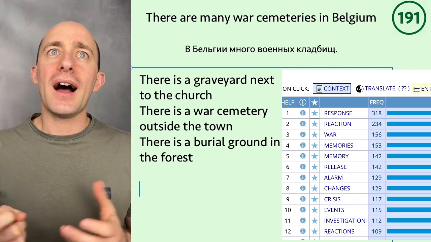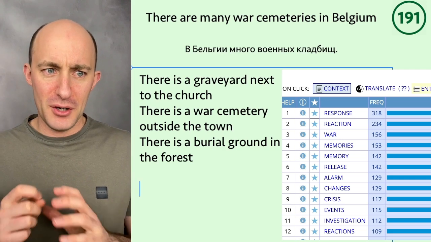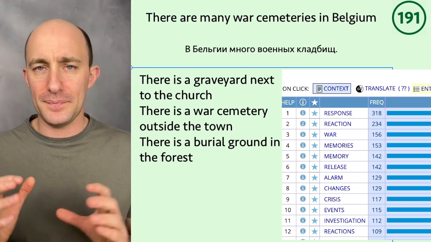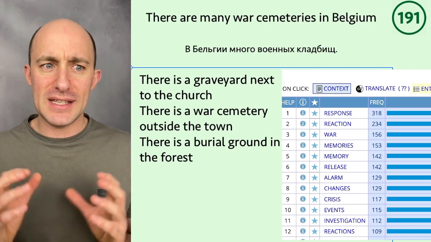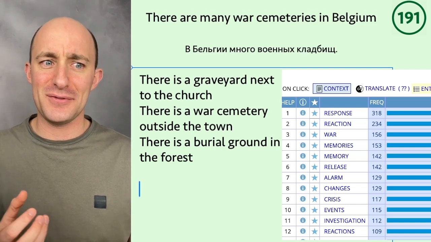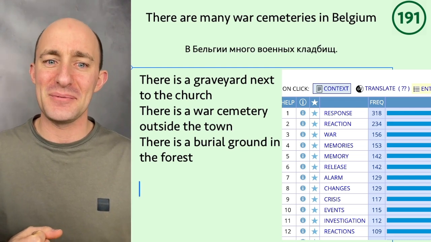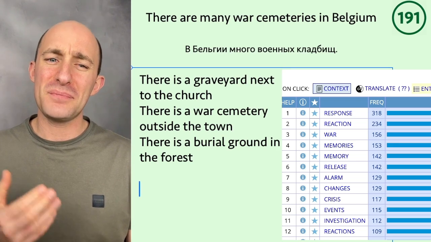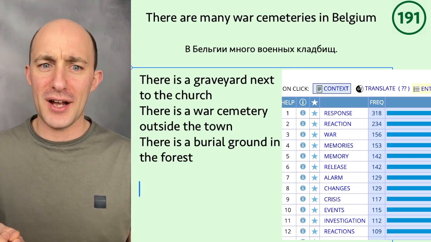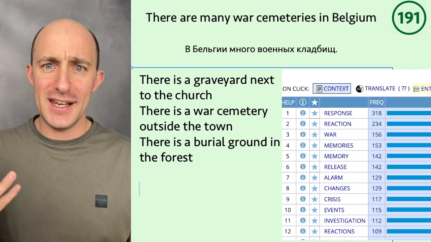So I think probably the best word for most Russian kladbische is cemeteries. However, sometimes they feel so close to nature in these forests that maybe burial ground is more suitable. I don't know. So probably cemetery or burial ground, not graveyard, unless it's in a city next to a church.